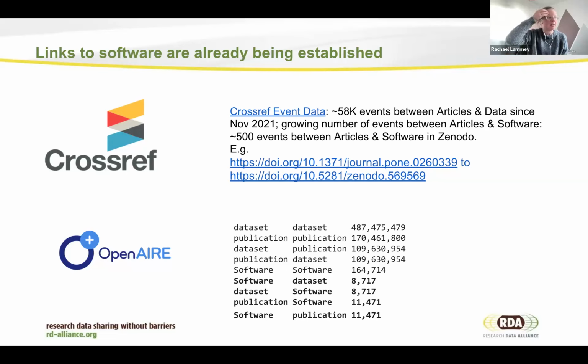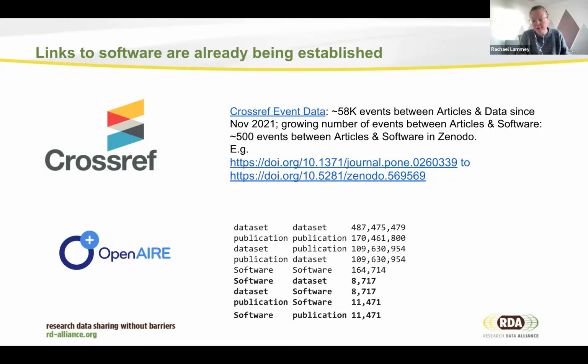So we could see that these links were already being established and making their way through our systems. From the OpenAIRE perspective, this is some data that Paolo sent through. Again, you can see lots of dataset to dataset links, but also links between software and datasets, and publications and software.